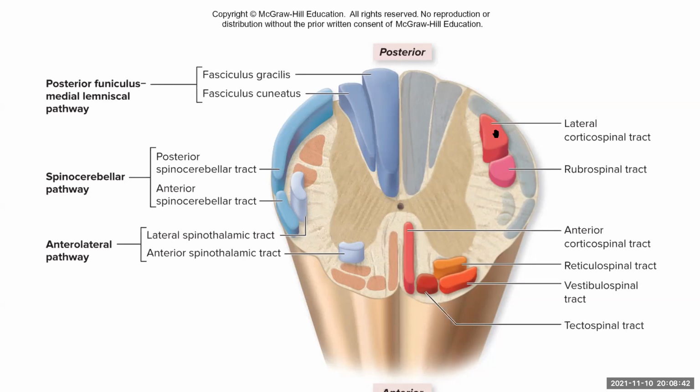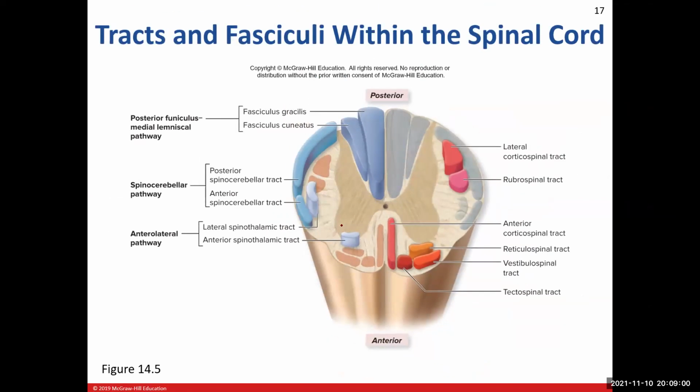There's the lateral corticospinal for our motor control, and then the anterior corticospinal is up here. So that will be motor control. But my point being is, in the lateral and anterior portion, you're going to have sensory and motor all throughout. All back here is going to be sensory only.